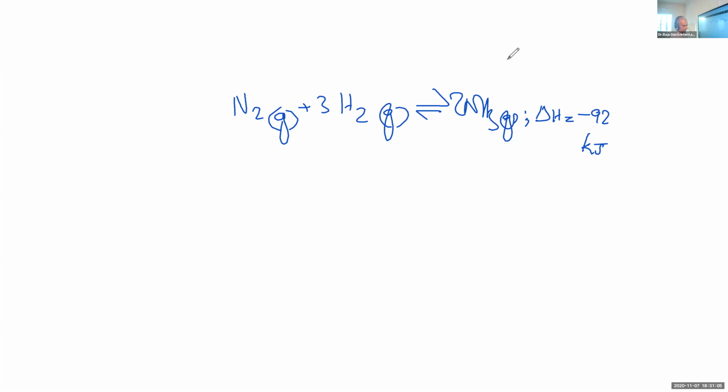N2(g) + 3H2(g) reversibly giving 2NH3(g), delta H is equal to minus 92 kilojoules. Here there are two reactions. Now you say which is the exothermic reaction and which is the endothermic reaction. Which is the exothermic reaction?